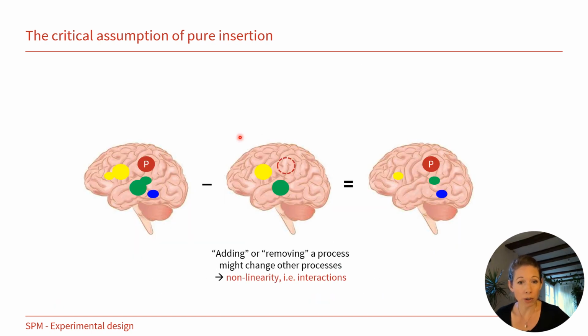Let's assume we have a control condition where subjects engage in a task which does not include process P, and then we include process P in the experimental condition. And you can expect that this inclusion of process P will also affect the other processes. You can see here that the brain activation changes just by including process P. And when you do the subtraction, you're left not only with activation related to process P, but also with those interaction effects.